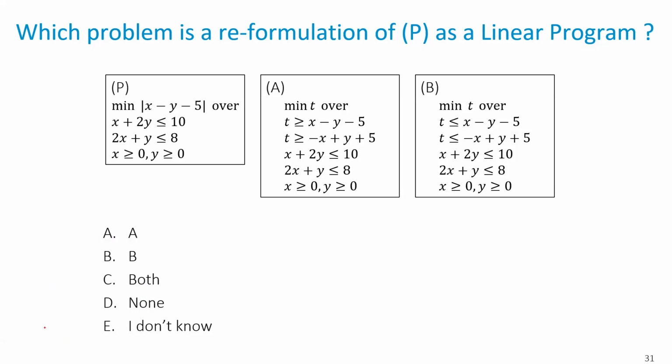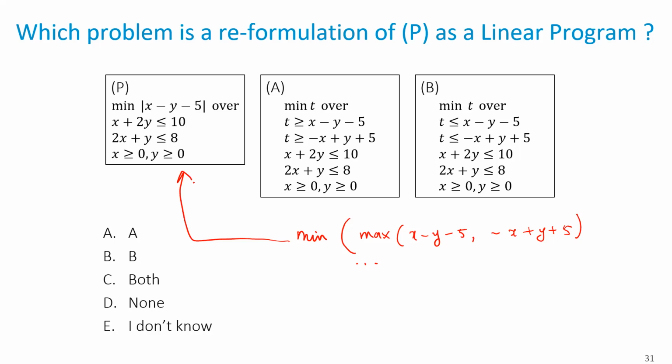I had to minimize a function which is the max. It is the max of two things. It is the max of x minus 1 minus y minus 5 and minus x plus y plus 5, plus the constraints here. So that was my original problem. That's the problem B here.